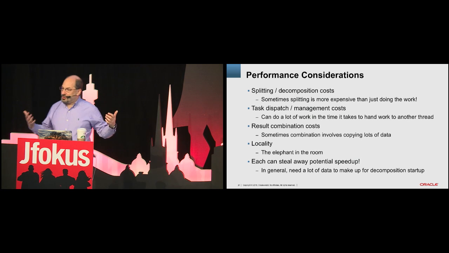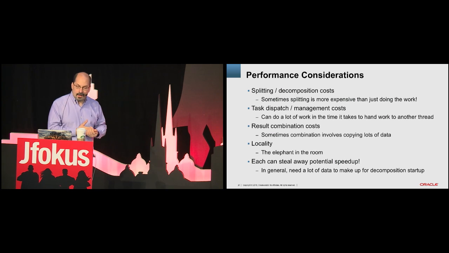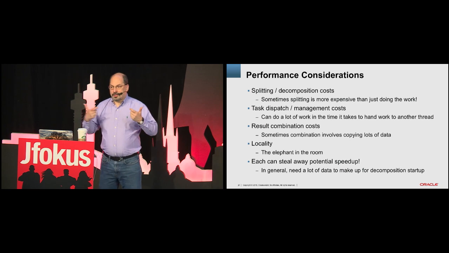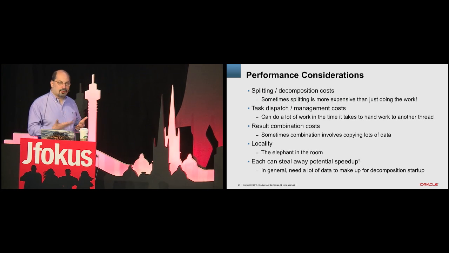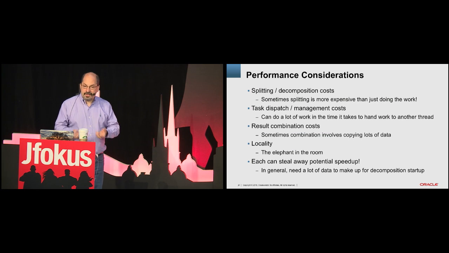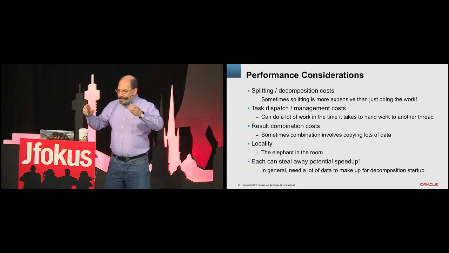If I'm combining two sets, merging two sets is kind of expensive, unless I have a data structure that's really amenable to that, like a bit vector or something like that. So I have to be mindful of not only what are the splitting costs, but what are the combination costs. And then also, am I going to actually be able to keep the core busy doing computation? And that's largely a function of locality. And each of these can steal away from the potential for a speedup. So you kind of start out with a perfect score, and then each of these chip away at your score.